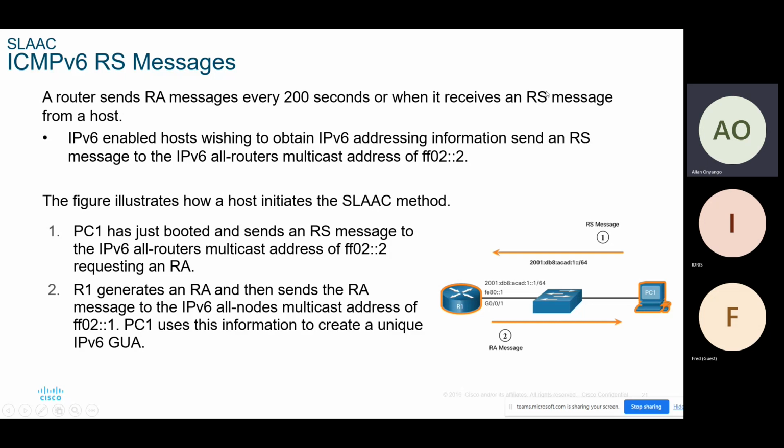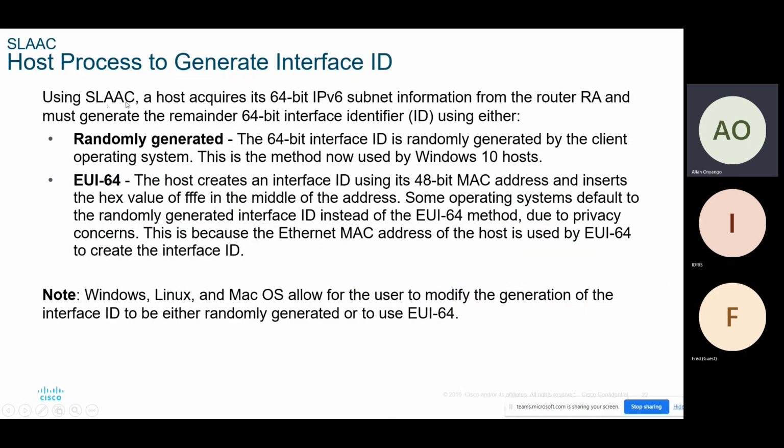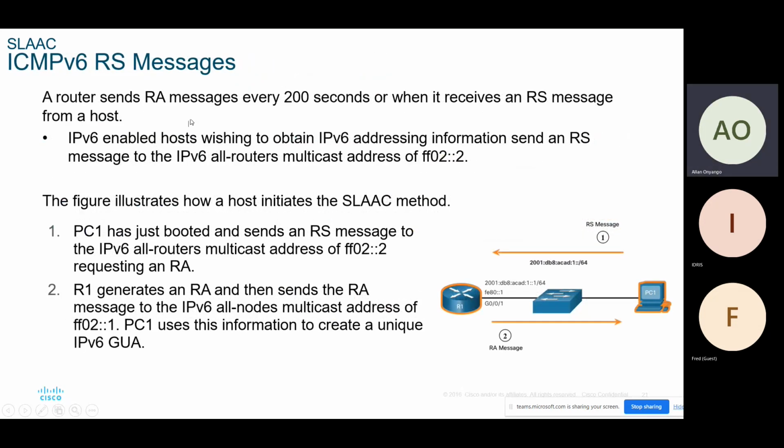Again, we have repeated most of the things that you can see here. But I need to mention one more thing, and I think this is something I've talked about before. A PC requests an IPv6 address by sending an RS message, and it gets an RA message.